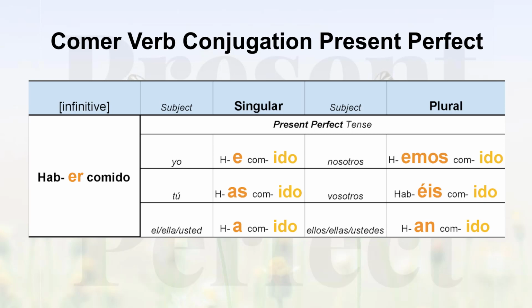Let's take a look at it again in a different chart. So here you can clearly see present tense conjugation of haber and past participle of comer and how it becomes present perfect tense for the verb comer. Yo he comido. Tú has comido. Él ha comido.